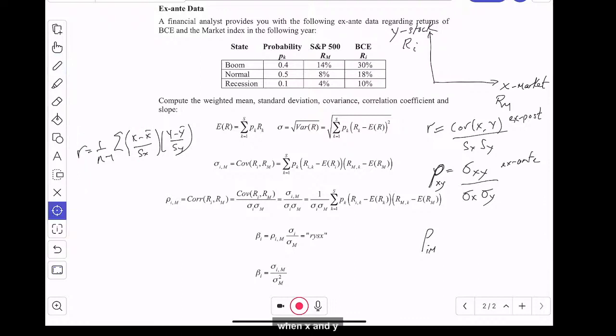When x and y are I and m, I put the I first, so Im. And then the covariance would look like sigma Im, and the two standard deviations would be sigma I, sigma m.